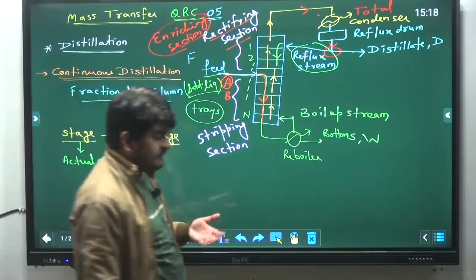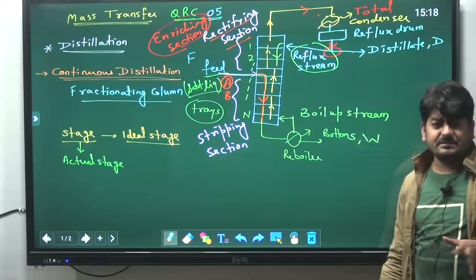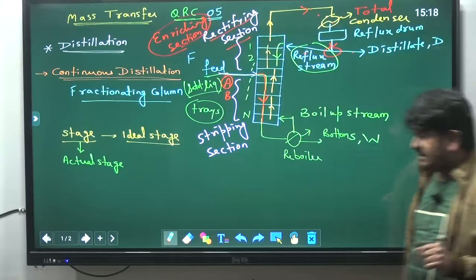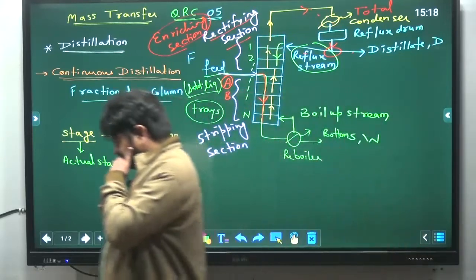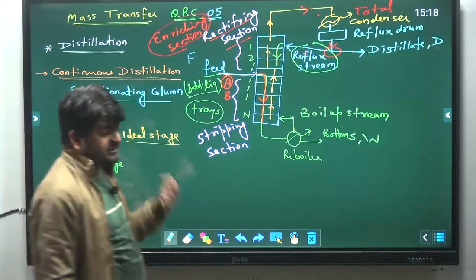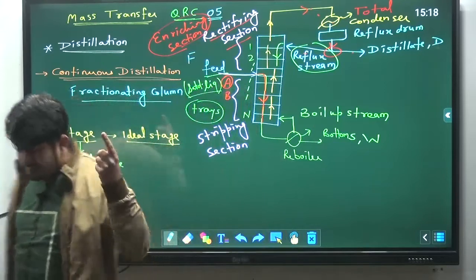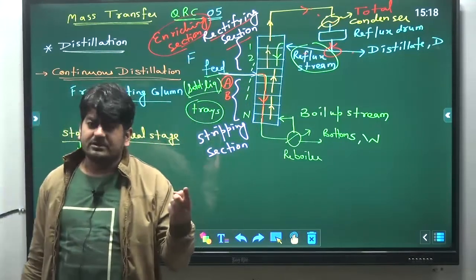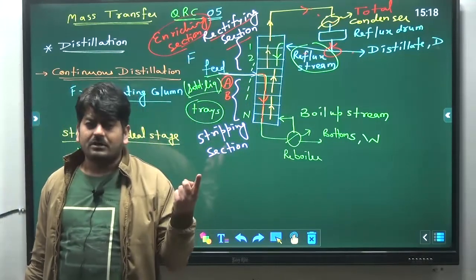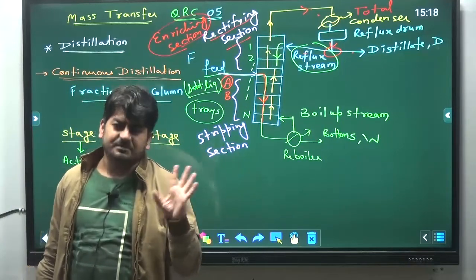In our syllabus we will talk about process designing only. For process designing of any system, you need three things. First, the working concept, the principle of how the column or equipment is working. Second, the material balance, and third, the energy balance.